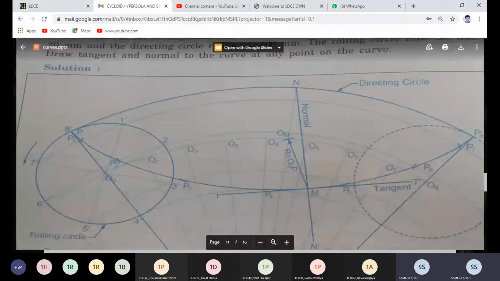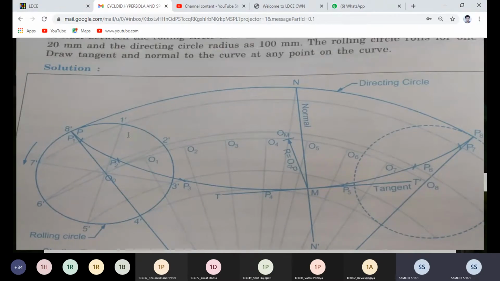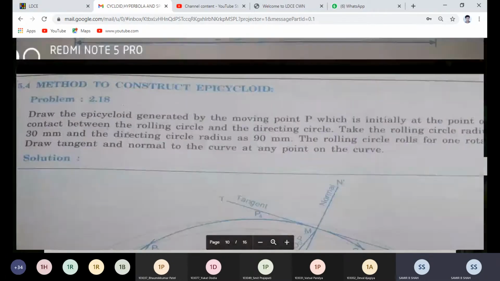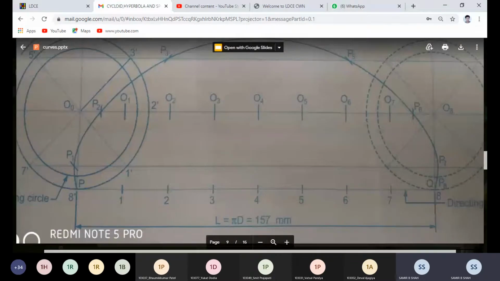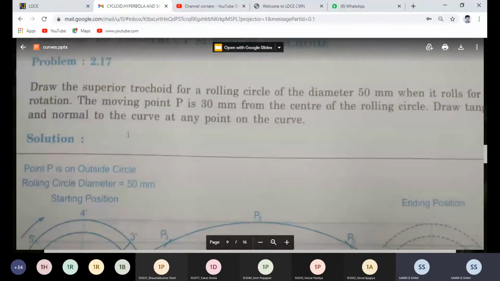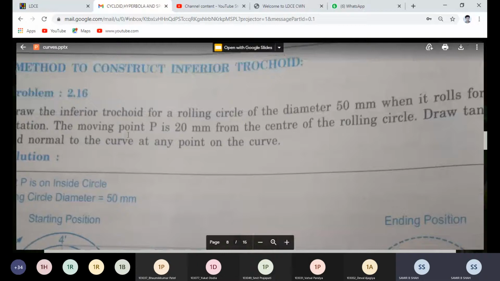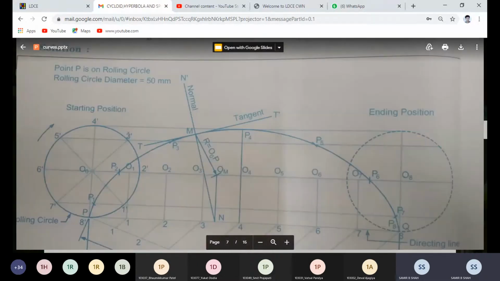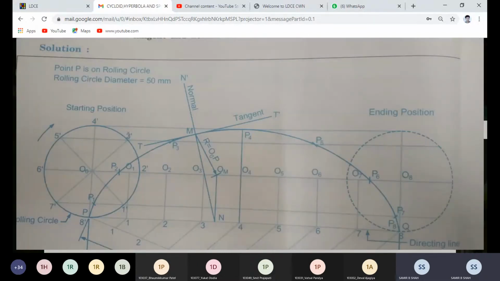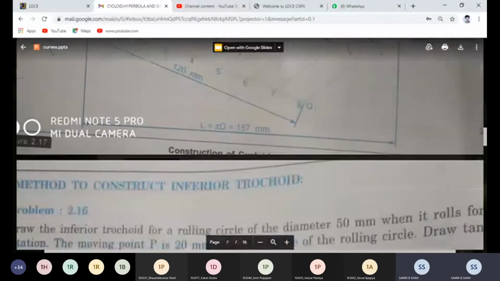And if it is the same thing, but it rolls on the inner side, then it's called a hypocycloid. Now, in each cycloid, whether it is a simple cycloid, an epicycloid, or a hypocycloid, every time there is an inferior trochoid and a superior trochoid, as I discussed.